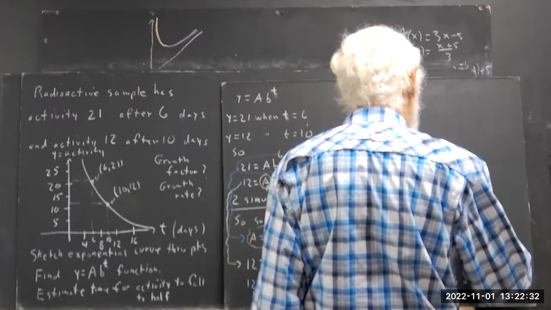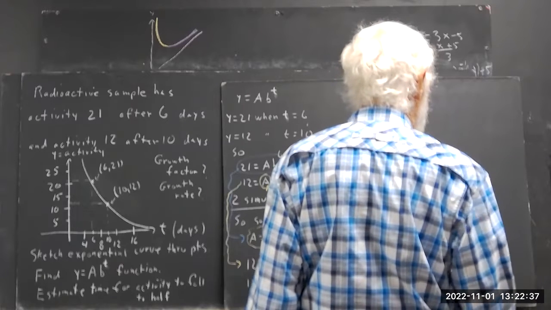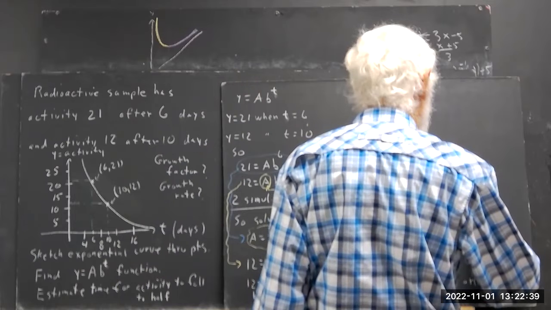That equals 8 times... I'm saying 0.88 to the 6 is probably close to 0.5.